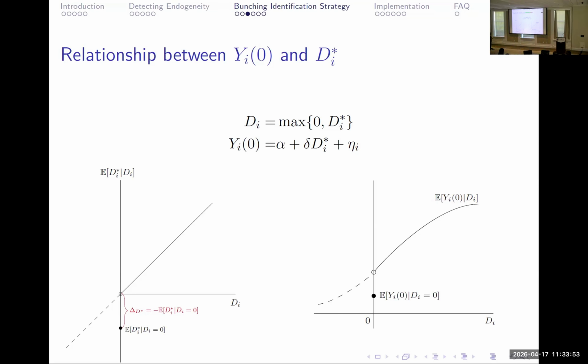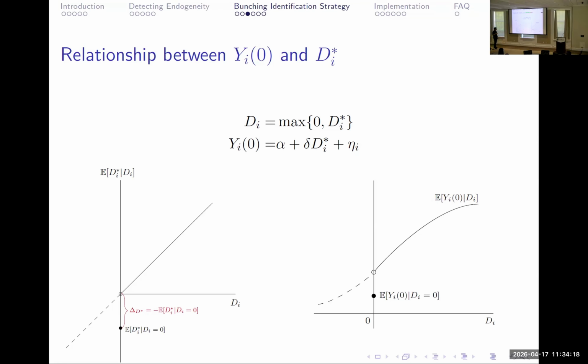But here's what I'm going to do, and that is going to be the key assumption. First, I'm going to write the untreated potential outcome as a linear equation of that D star. This is not yet an assumption because I did not tell you any property of eta yet. I'm going to tell you in a few minutes.